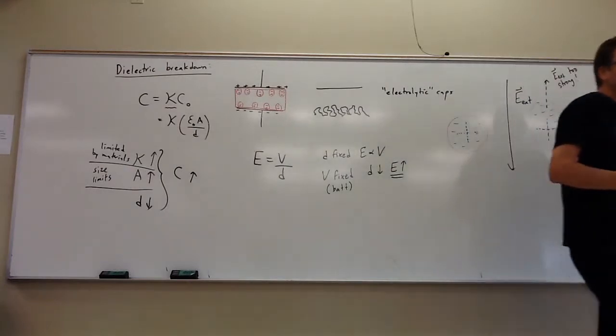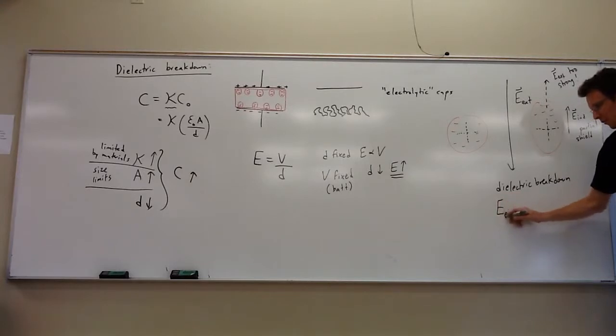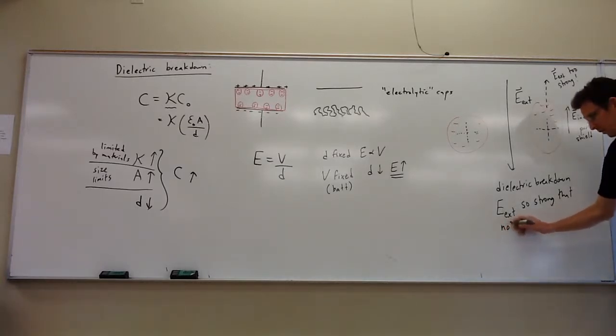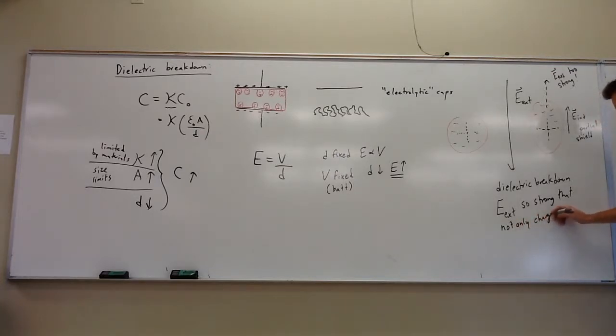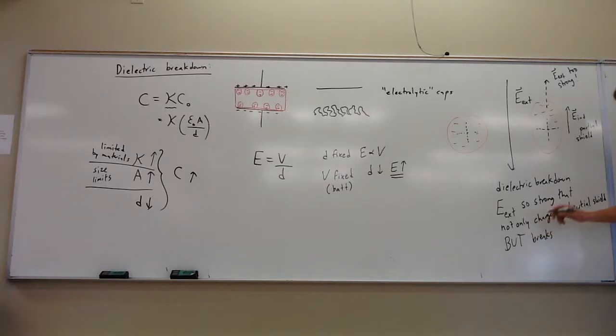So dielectric breakdown is when the external electric field is so strong that it does not only charge polarize and therefore partially shield, but it actually breaks the atoms and molecules in the dielectric or the insulator.